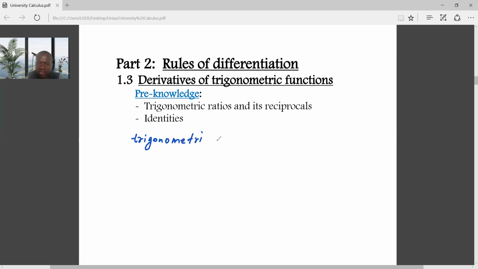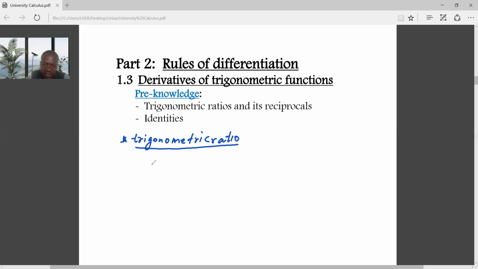Trigonometric ratios. This is what you have learned in grade 10, 11, and even 12, together with their reciprocals. Right, let's start with the trigonometric ratios, ladies and gentlemen. Number 1, we have the trig ratio for sine.